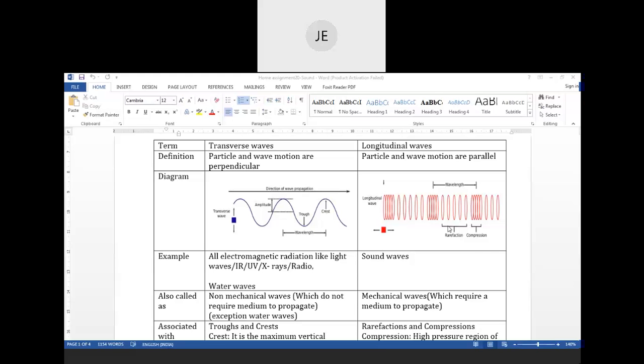The wooden block will move up and down whenever there are water waves, and the wave is propagating towards the right or left. With that we can understand that the particle is vibrating up and down, and the wave is moving right or left. Both are perpendicular. In the case of longitudinal waves, both are parallel.